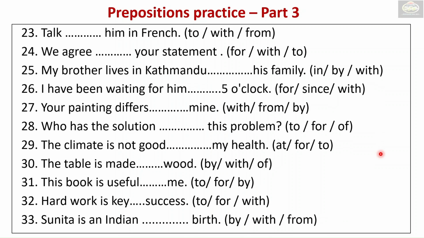Altogether 33 questions are there for your practice. You have to try to fill up these blank spaces using the correct alternatives from the brackets given there. If you have any confusion, watch the video once again and I hope you will surely be able to do this exercise.